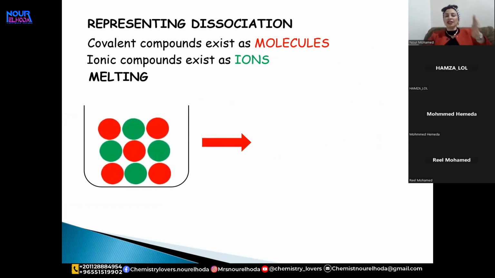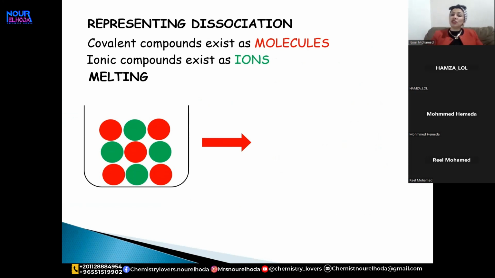This is the ionic compound. If you see here, NaCl, NaCl, when it is all connected to each other, it will never conduct electricity. It will conduct electricity if you melt it, or the other option is to add water to make it aqueous. Why? Here, the ions are not free to move, so it's not going to conduct.